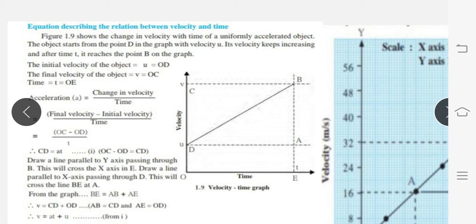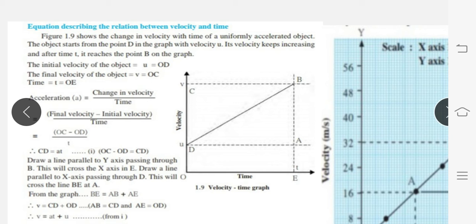Now, according to the definition of acceleration, a equals change in velocity upon time. Change in velocity means final velocity minus initial velocity, upon time t. Now by using the graph, the final velocity is OC and the initial velocity is OD, upon time t.